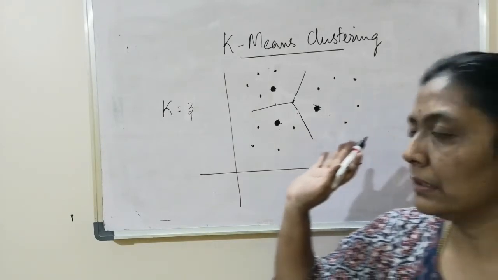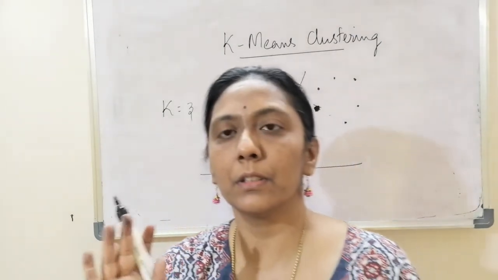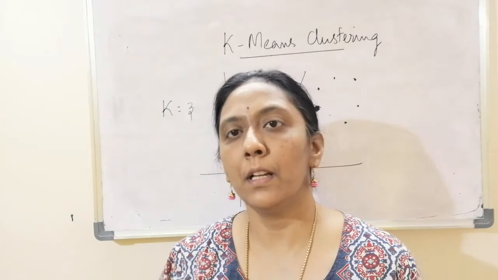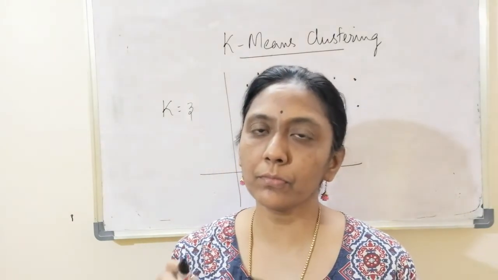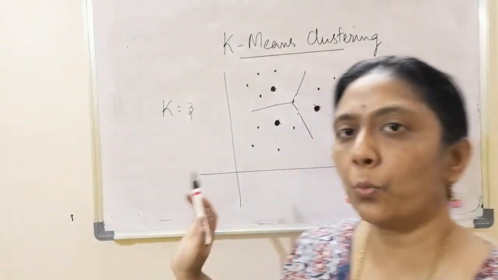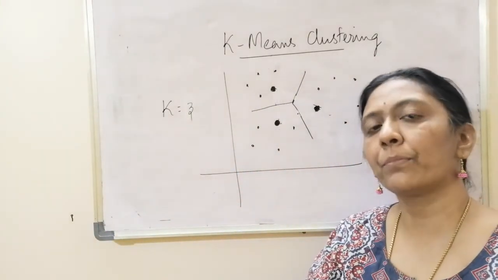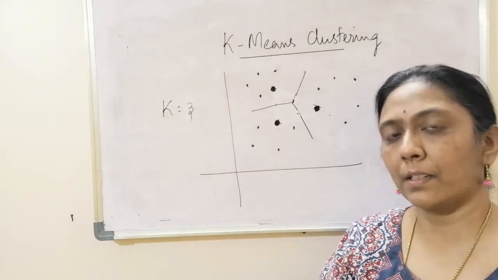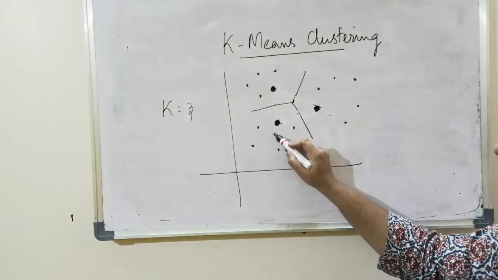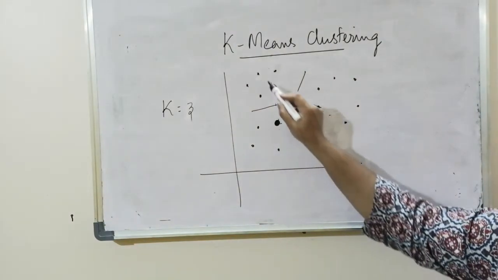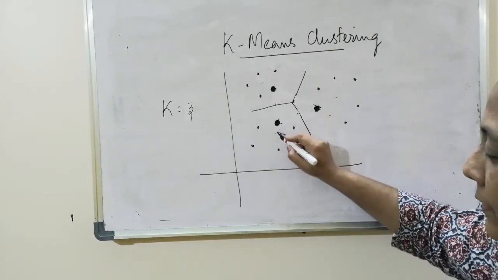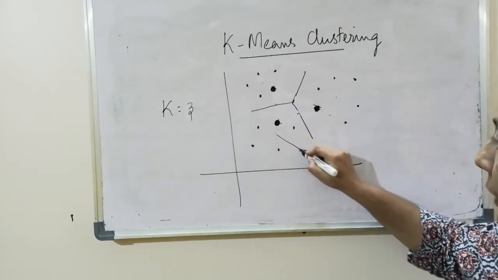Now the question is whether the clusters that we have formed are optimal or not. How to find out whether it is an optimal way of forming clusters? This is only the first step in the iteration. In the second step, in order to form the next group of clusters, it finds the center point or the centroid of each of these clusters. In this cluster, it finds the centroid and takes a seed from there.